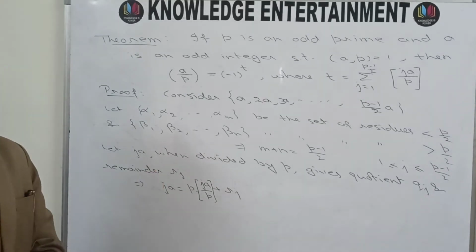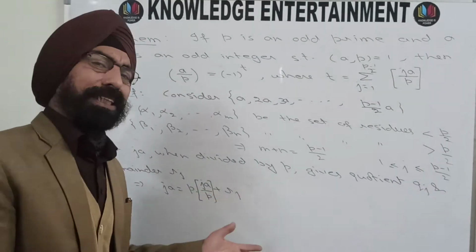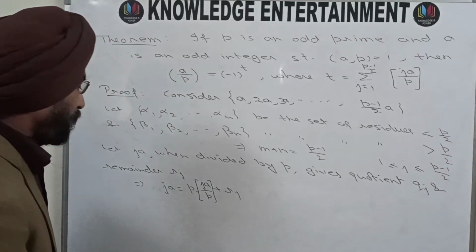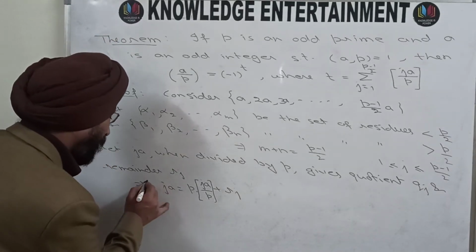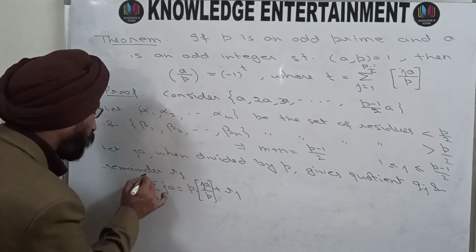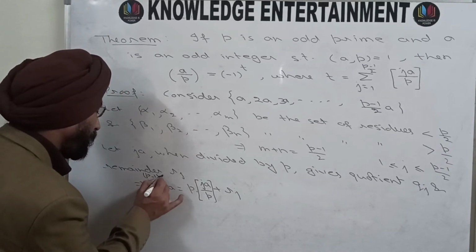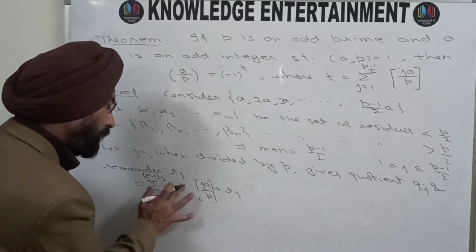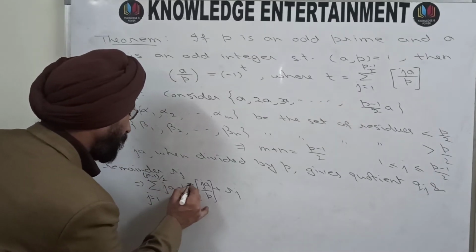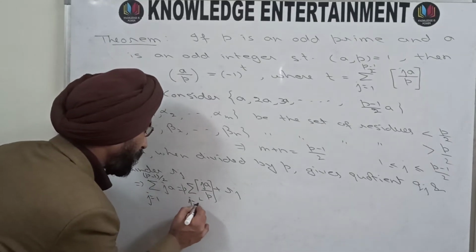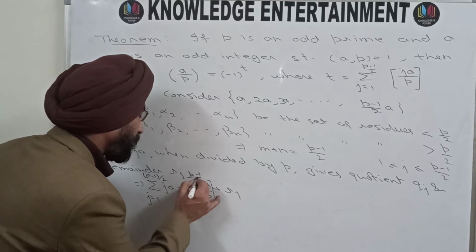And now take summation on both sides over j, when j varies from 1 to (p-1)/2. Here this p will be outside the summation because the summation is over j.